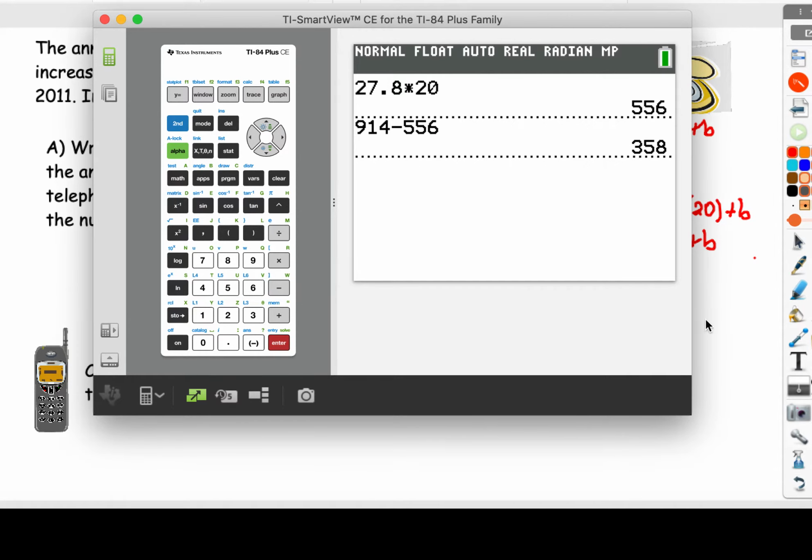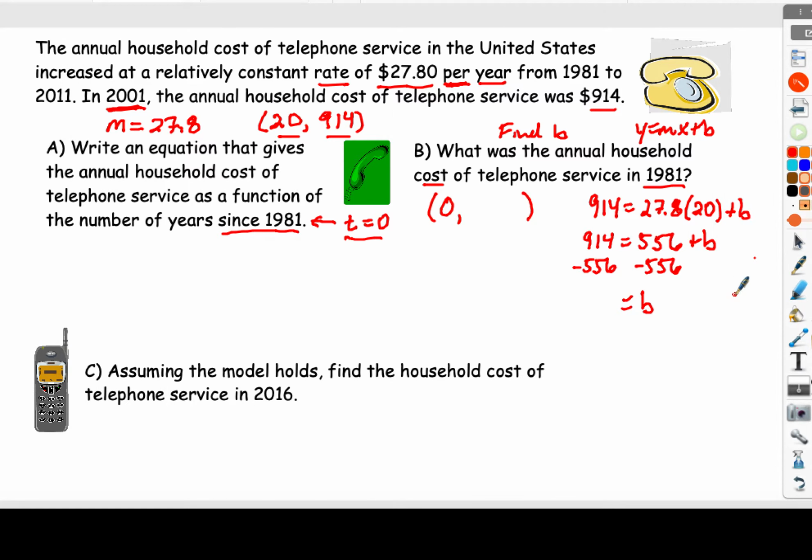It looks like that's $358. So our answer here is going to be $358. That should be the cost, again, in 1981. That would be the cost when x, or for us t, equals 0, right? The cost at the beginning of our problem.